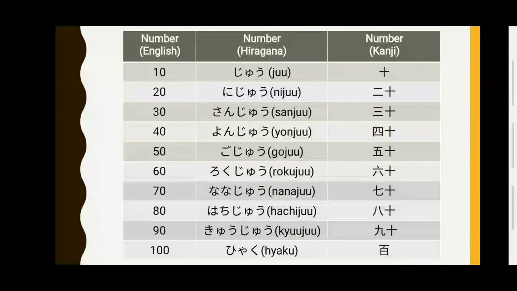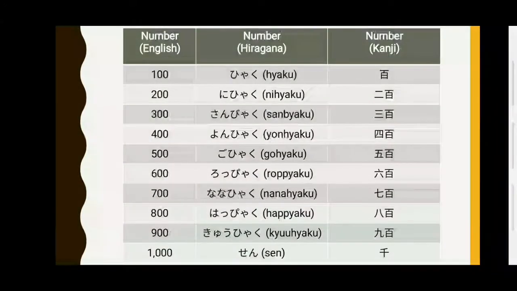We have number 10, 20, 30, up to 100. Number 10 ju, number 20 niju, 30 sanju, 40 yonju, 50 goju, 60 rokuju, 70 nanaju, 80 hachiju, 90 kyuju, and 100 is hyaku.